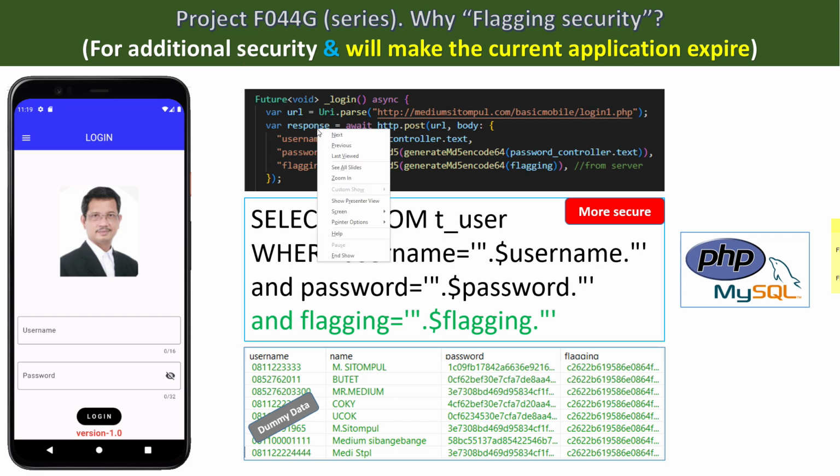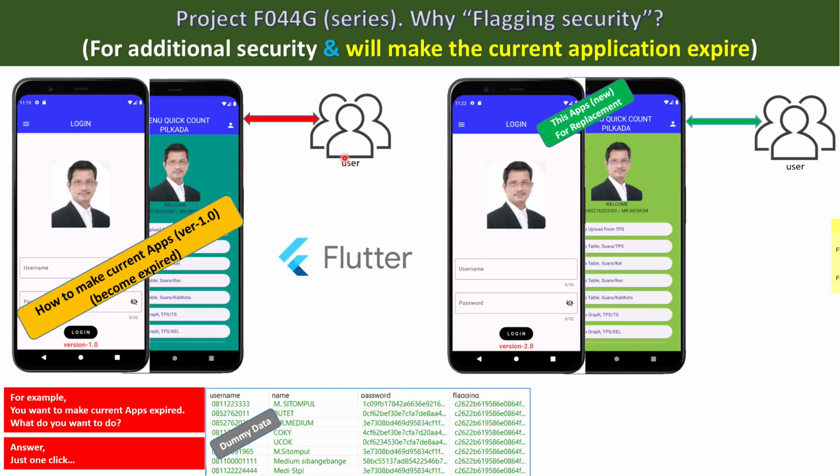The second function is that this flagging security will make the current application expired. How to do that? The answer is just to change this flagging from this common data.